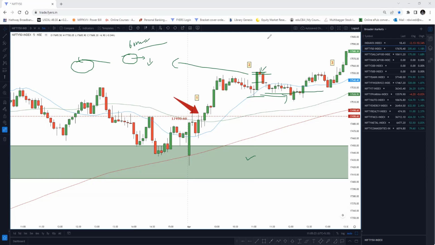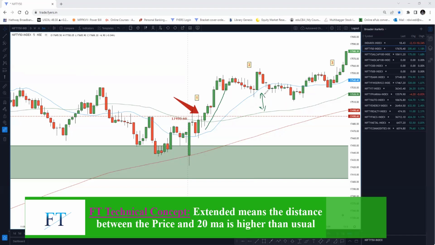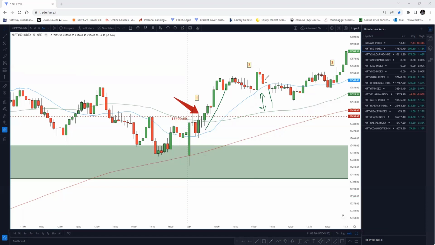Another important point that I would like to draw your attention to: if you think that because of this momentum move, these MAs have stretched a little bit more from each other, then I will not call it that prices have extended, but yes, MAs have stretched a little bit from each other, which indicates that sooner or later price will definitely come near to its average, and this is what has happened.